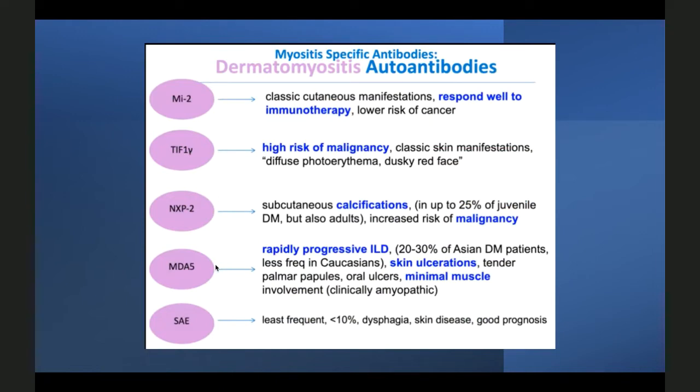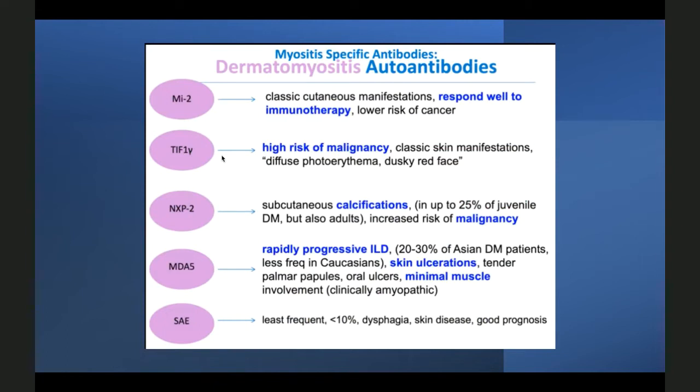MDA5, this is also very important because this antibody will have rapidly progressive interstitial lung disease. And it is very common in Asian patients to have this antibody and have interstitial lung disease. Also, you can see some skin ulcerations too. The last antibody is less frequent, but it has good prognosis.